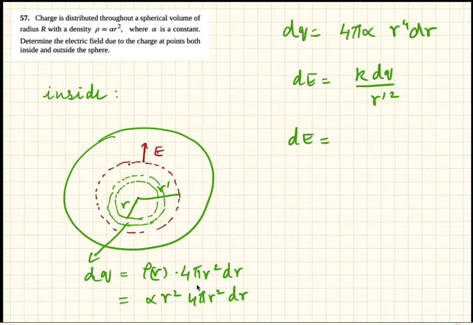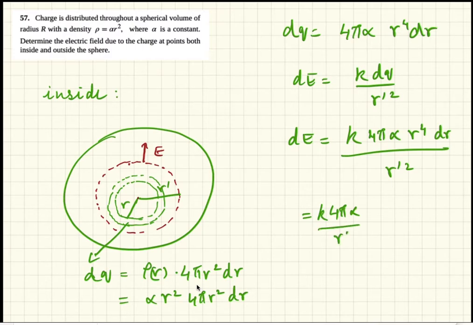So dE is k 4 pi alpha r to the power 4 dr over r prime squared, and the integral is r changing from 0 to r prime.